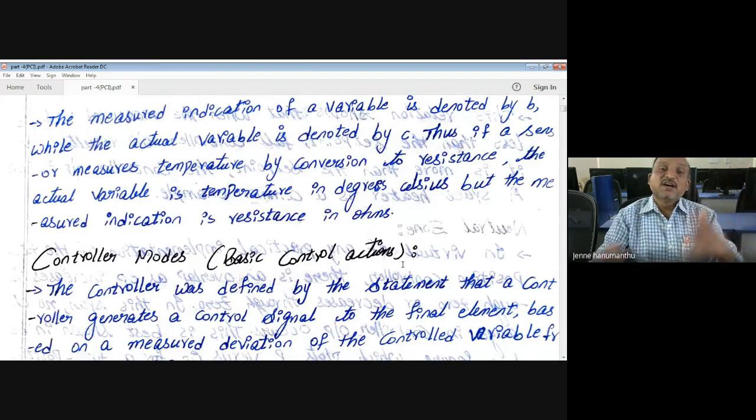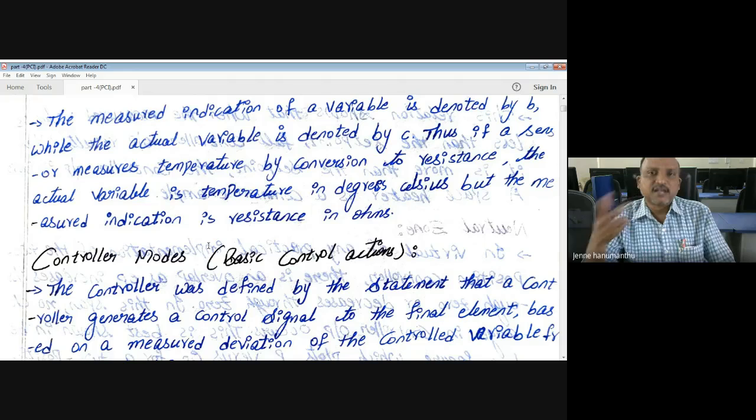In control system engineering in the second year, second semester, we have studied some basic control actions, right? Here also we have to recall once again what basic control actions are available. The basic control actions are also called controller modes. Modes means different actions, paths, different channels.